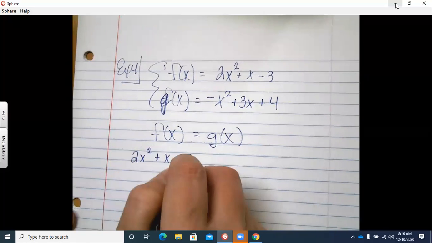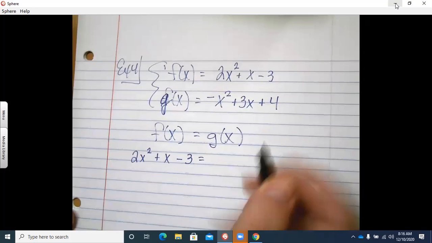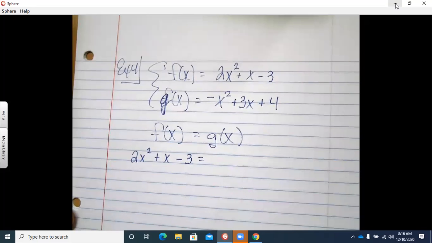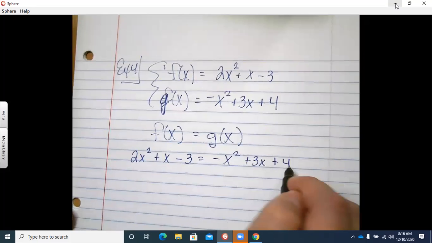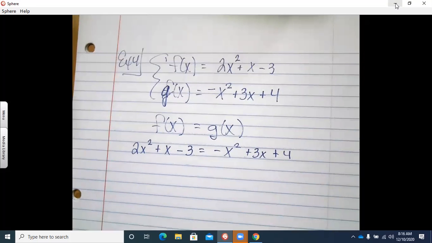Set that equal to function g, which is negative x squared plus 3x plus 4. So this is a parabola set equal to a parabola. And I want to keep the quadratic term positive since it's my leading coefficient. So in order to do that, I'm going to move everything that's on the right over to the left. And I'm just going to do it in one step.